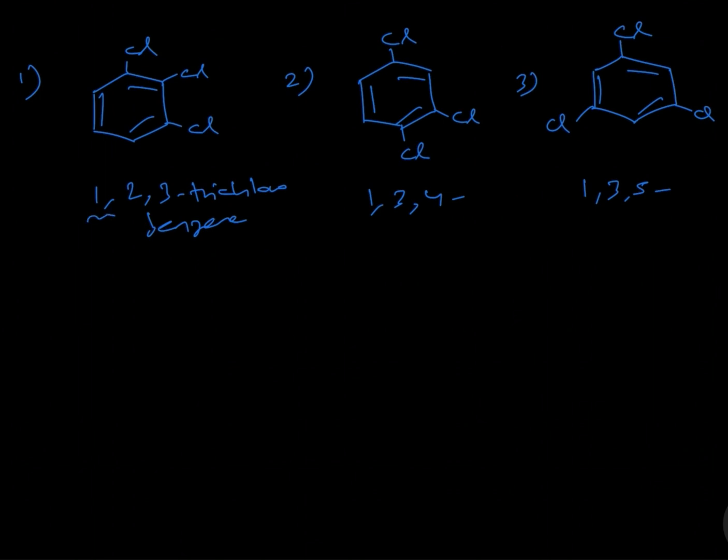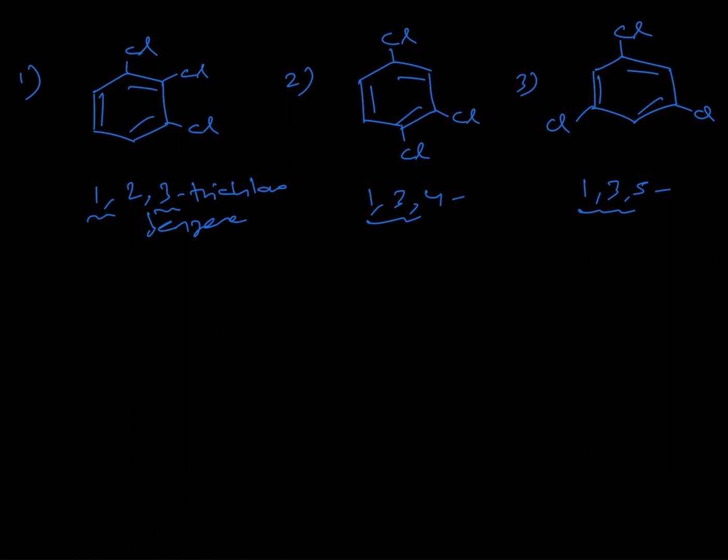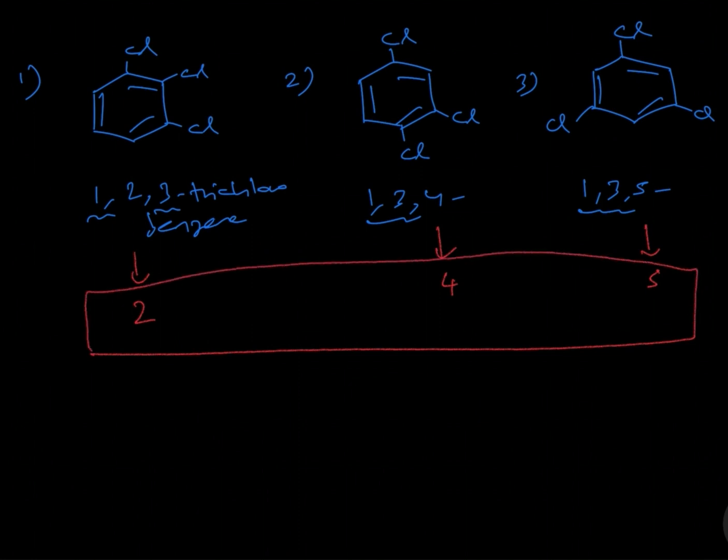So, here also 1 and 3, here also 1 and 3, here also 1 and 3, and the difference comes in the position of one chlorine atom. Here it is 2, here it is 4, and here it is 5, and therefore, these 3 molecules are position isomers, they are not ring chain isomers.